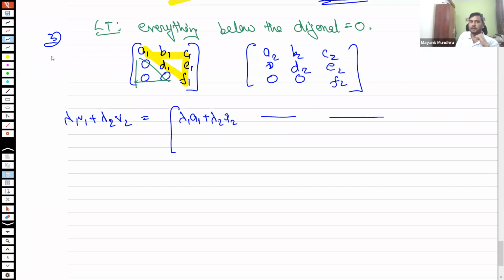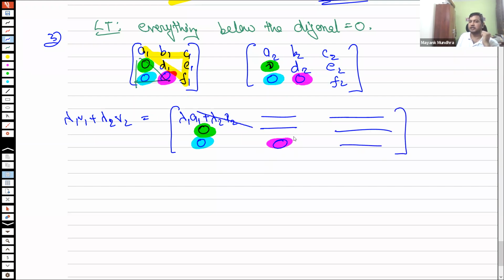Here it's going to be lambda 1 times 0 plus lambda 2 times 0. So that's going to be 0. Here again lambda 1 times 0 plus lambda 2 times 0, so again I get 0. And finally, here 0 plus 0, so again I'll get a 0. In the remaining spaces, I get anything.